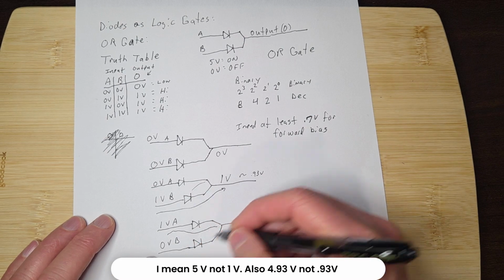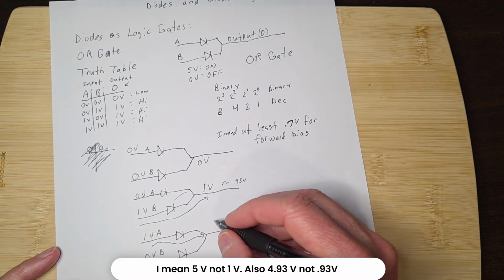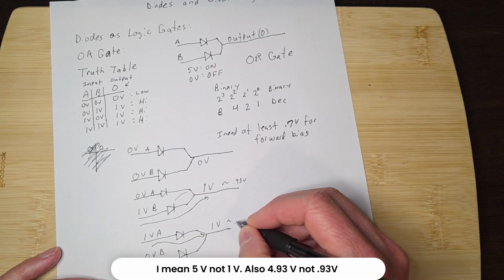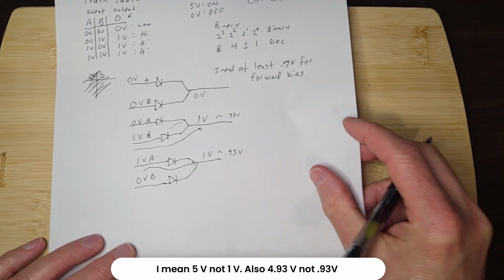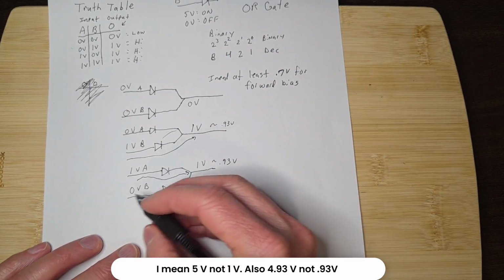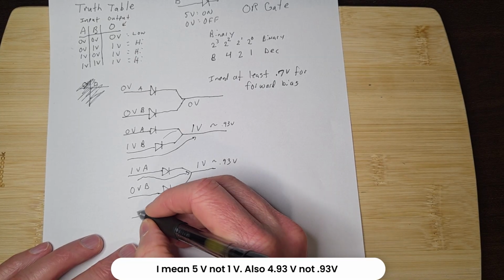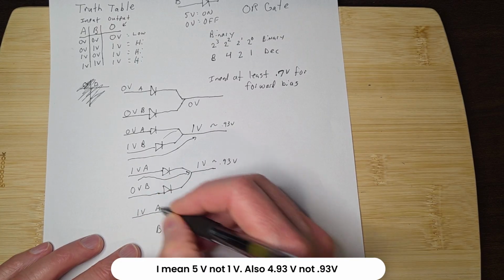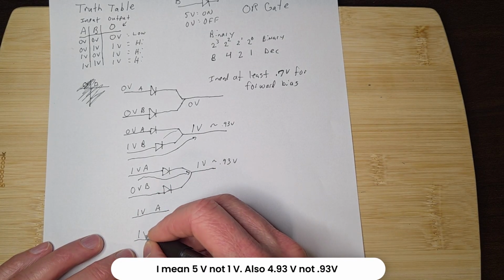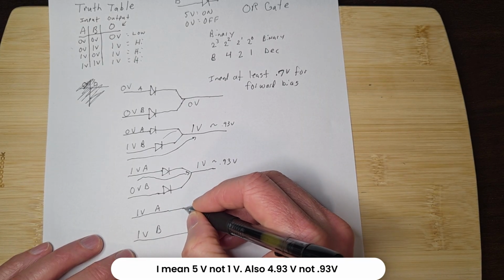Nothing's going to happen here, but current's going to flow this way, and we're going to have approximately 0.93 volts, I think. It's not a perfect world, right? So it may be off a little bit, but then here it's the same way. Now we're going to have 1 volt on A and 1 volt on B. And, oh, let me draw my diode.